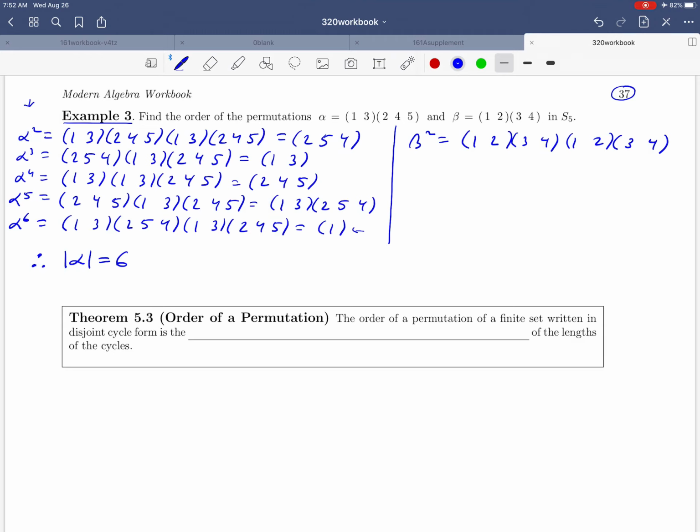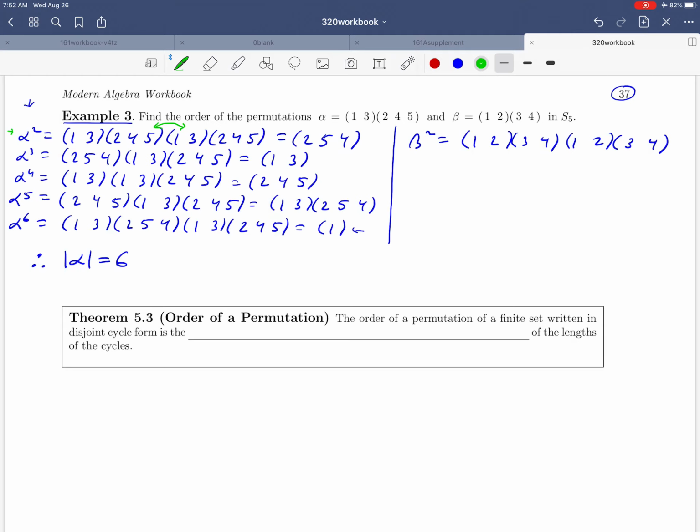Now I want to talk about a couple of things. You might have noticed these things as you were doing these calculations. First of all, if you look at the first line here where we were calculating alpha squared, the two permutations (1 3) and (2 4 5) are disjoint cycles, and so you might notice that you could reverse the order of those two permutations.